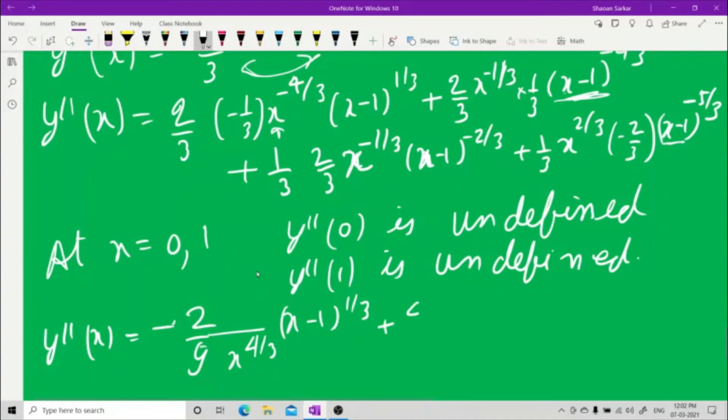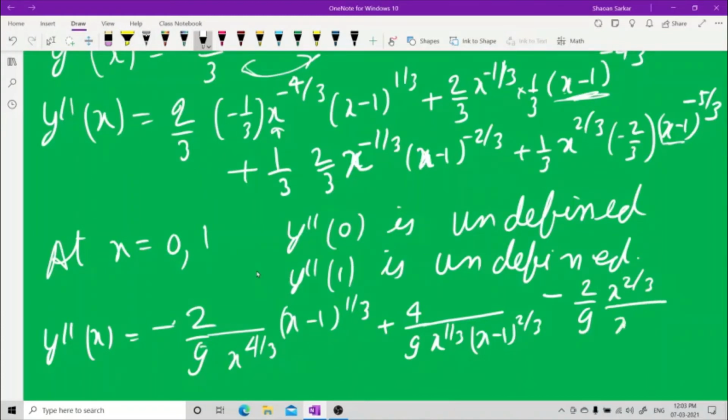plus 4 by 9 x to the power of 1 by 3, x minus 1 to the power of 2 by 3, and this will be minus 2 by 9 x to the power of 2 by 3, and x minus 1 to the power of 5 by 3.